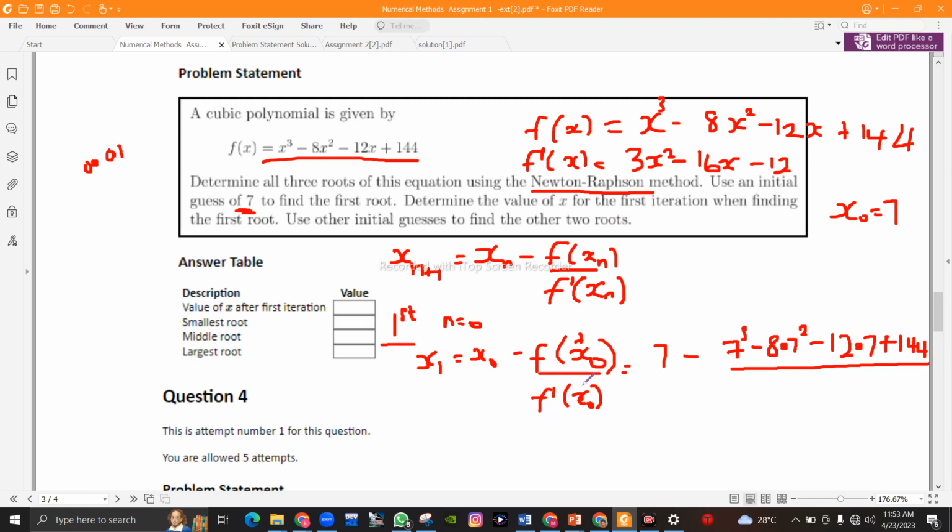then divided by f prime, the derivative of x naught, which is 7, that's 3 times 7 squared, minus 16 times 7, then minus 12.